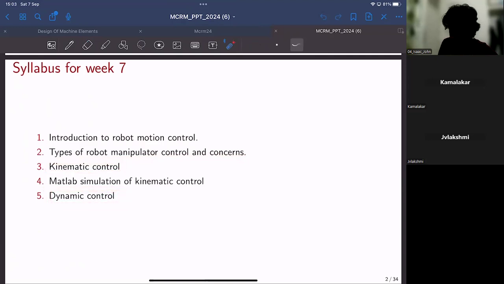We have also demonstrated some MATLAB simulation of various control schemes. Within kinematic control, we have seen open loop and feedback-based schemes. Both open and closed loop schemes of kinematic control were discussed, and the same for dynamic control. Both have their own advantages and disadvantages.